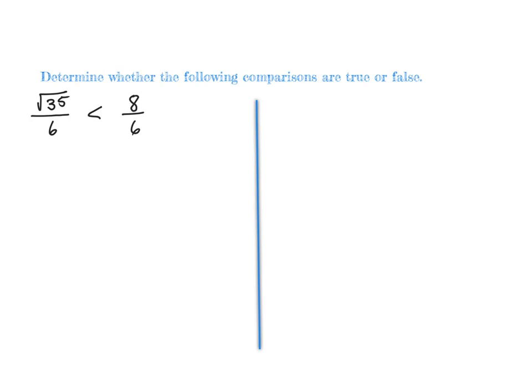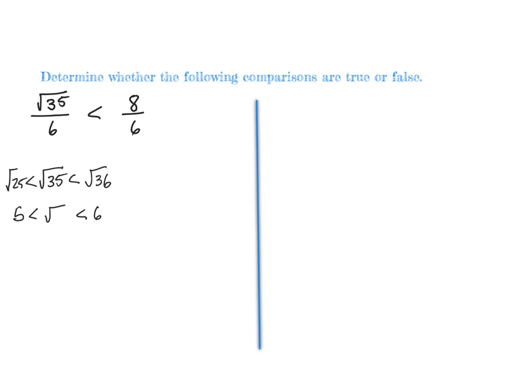Remember that the square root of 35 is going to be between the perfect squares, which are 25 and 36. So you know that your answer is going to be somewhere between 5 and 6.